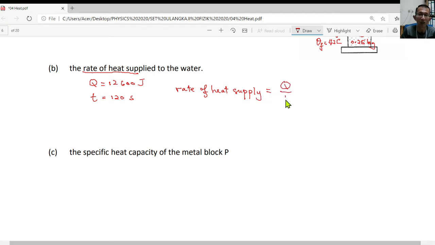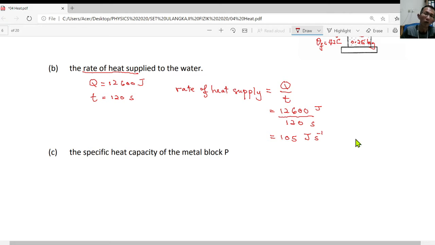So Q over t is 12,600 divided by 120, which gives 105. Up here is joule and down here is second, so I have joule per second. Can you follow the discussion?